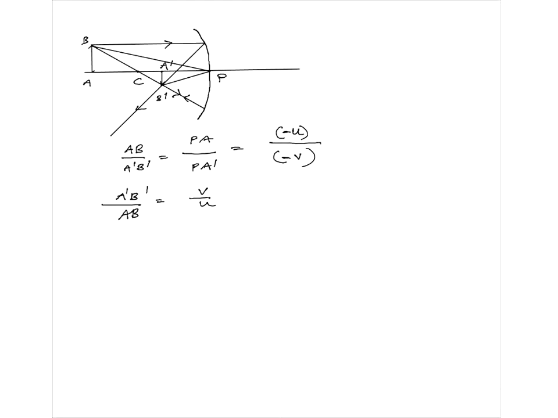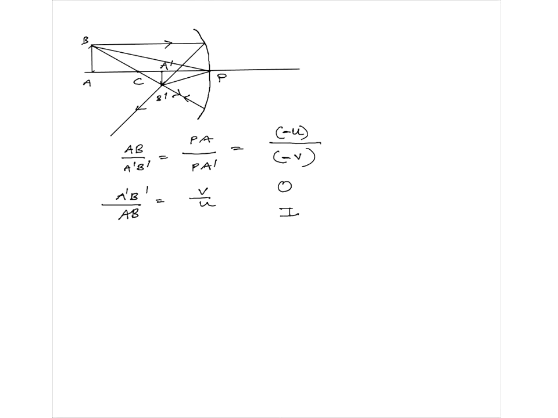For this concept of magnification, we don't just want the size comparison, we also want inverted or non-inverted type of situation. So we define capital O as object size with sign, and capital I as image size with sign.